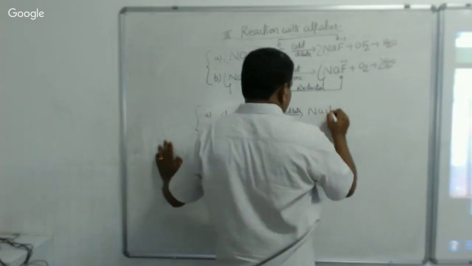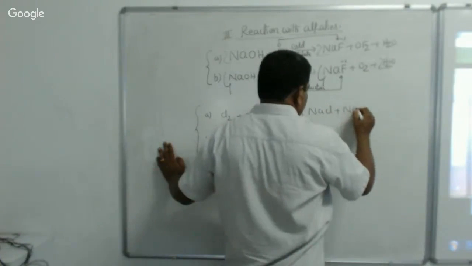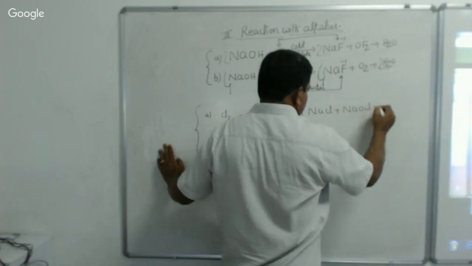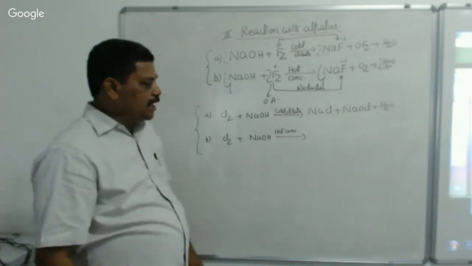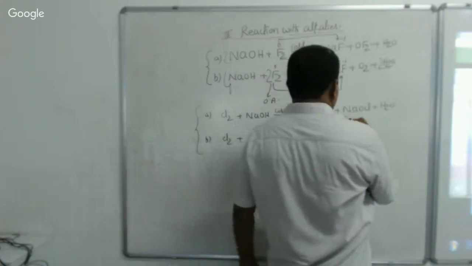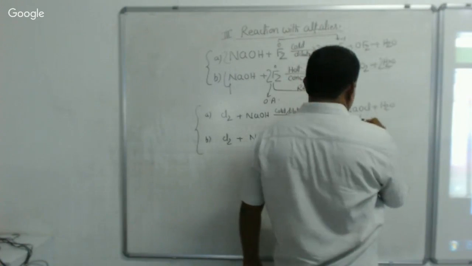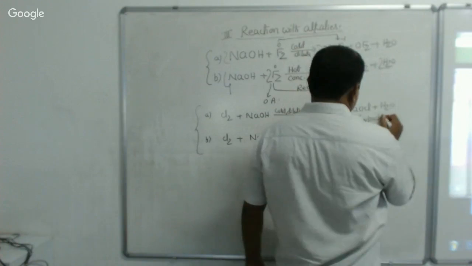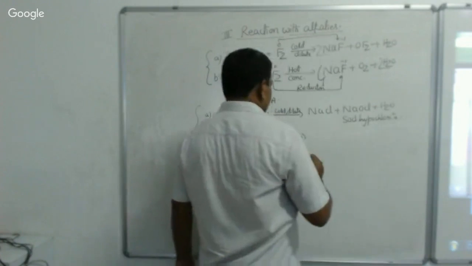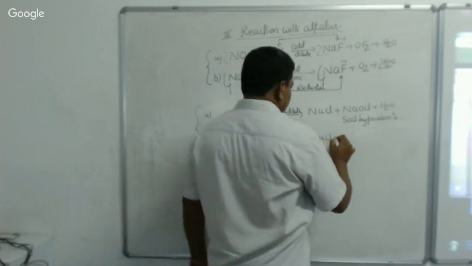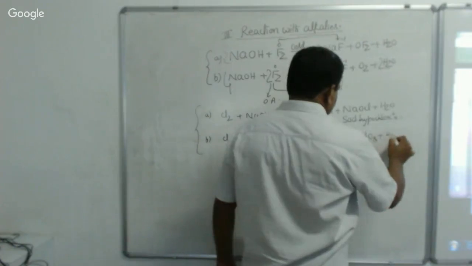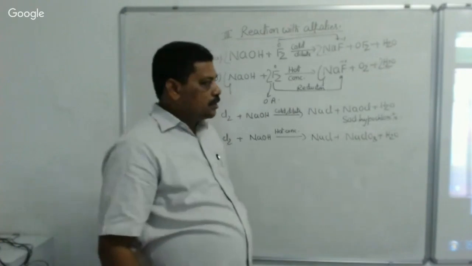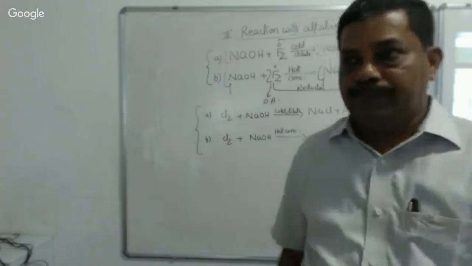In cold dilute, chlorine forms sodium chloride and sodium hypochlorite. In hot concentrated, it forms sodium chloride and sodium chlorate.